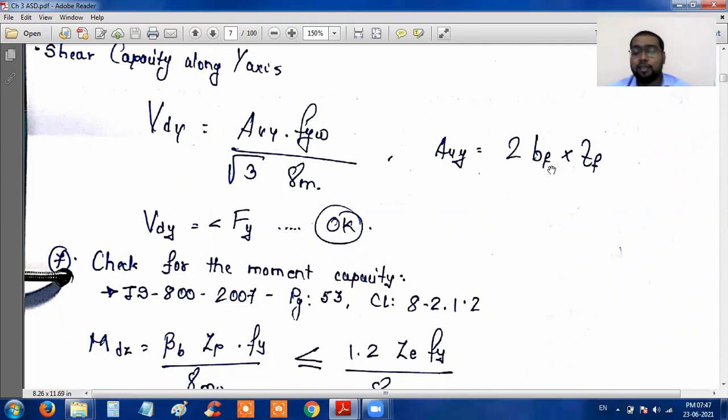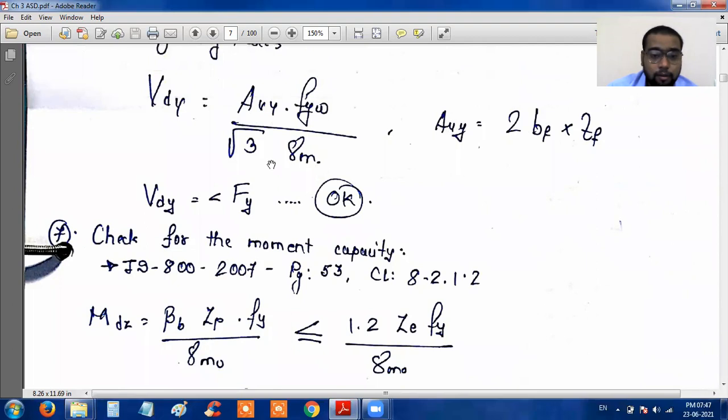Bf means the width of the flange and Tf is the thickness of the flange, multiplied by 2, and we will find out Avy. Here Fyw is the yield stress for the web section.